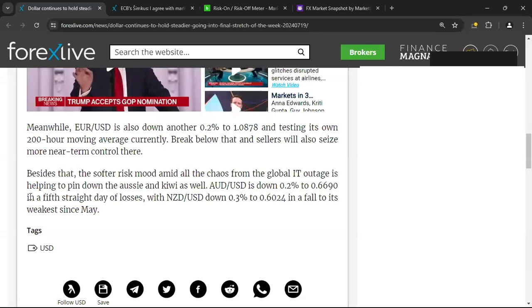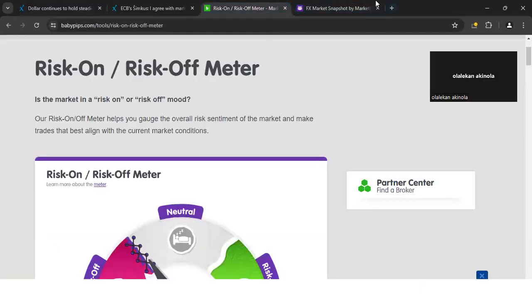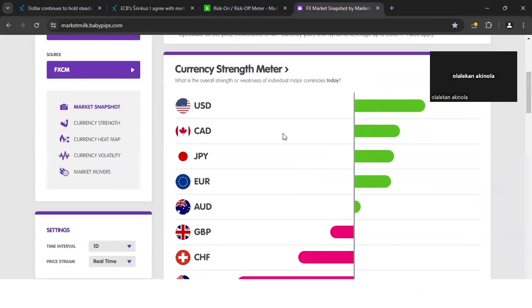So currently, we could see that the dollar is posting gains in the market, the strongest currency on the board. NZD is trading as the weakest currency on the session today.